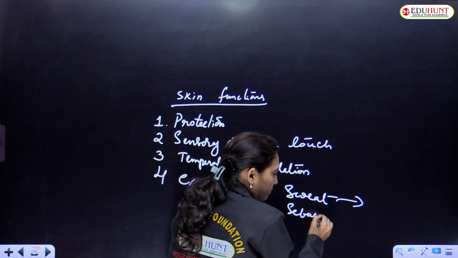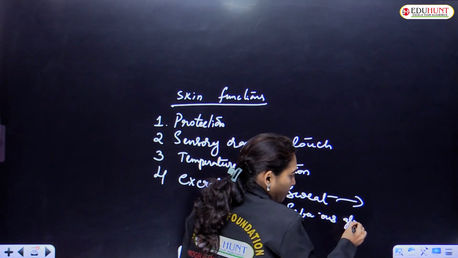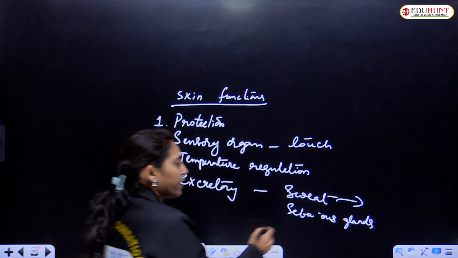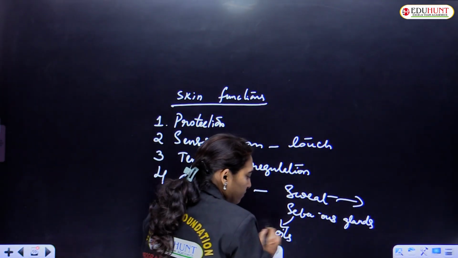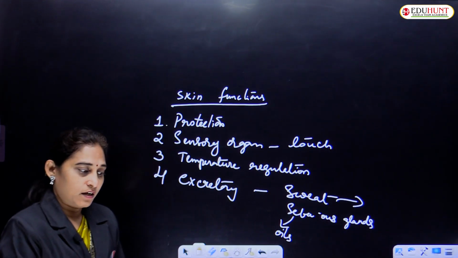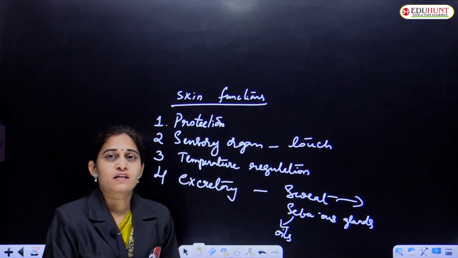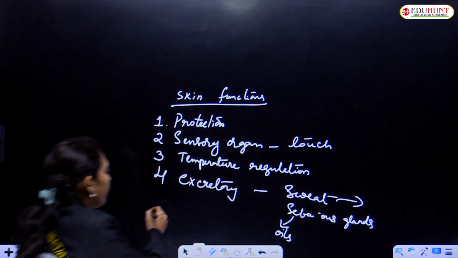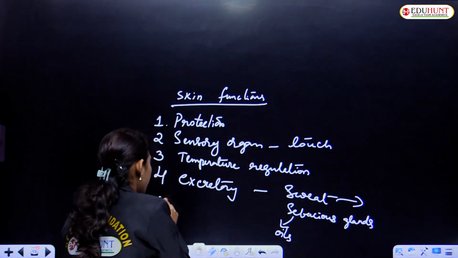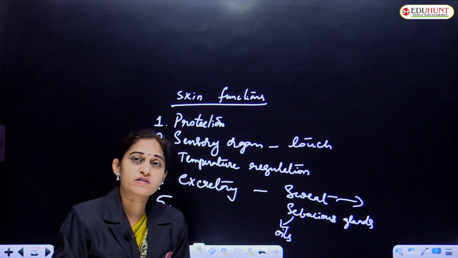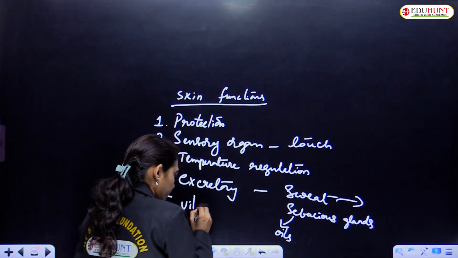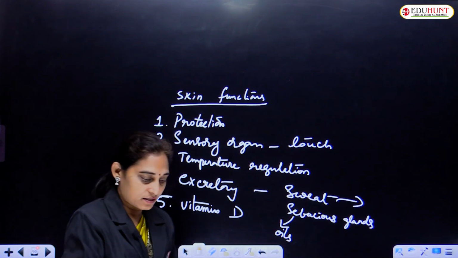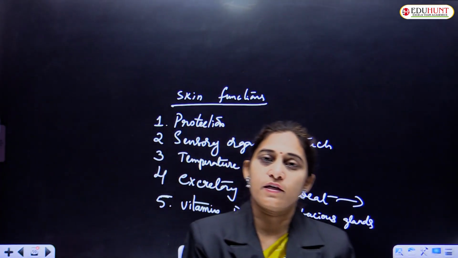Sebaceous glands secrete oils, which maintain the skin and protect it from drying. And the last one is that it synthesizes vitamin D. Vitamin D synthesis takes place in the skin.